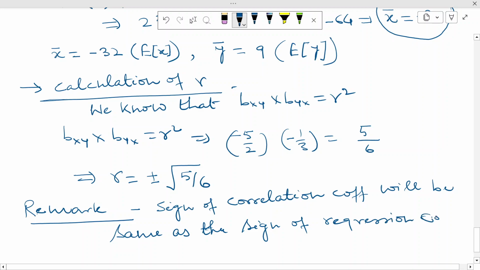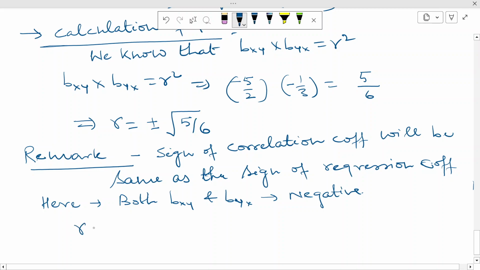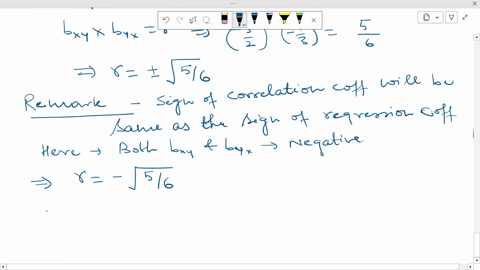In this given problem, our regression coefficients are negative. Both bxy and byx are negative, so we will consider r as negative. So the value of r is negative root of 5 by 6.